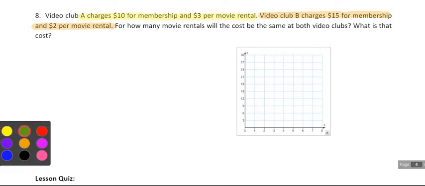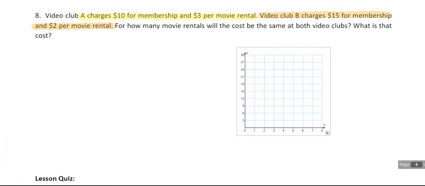So we've got our two different scenarios. Video Club A is $10 for the membership and then $3 per rental. So 3 is our slope and our upfront cost is 10. So Club A's equation in slope-intercept form is y equals 3x plus 10.